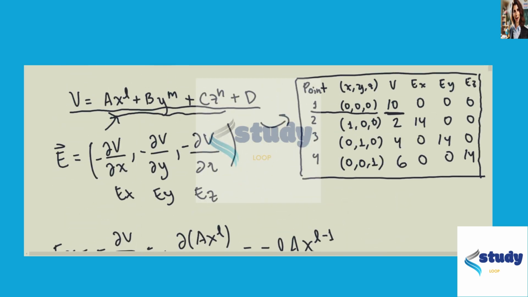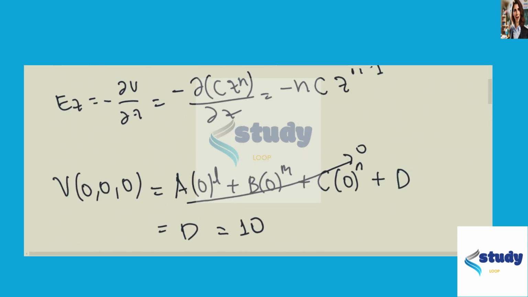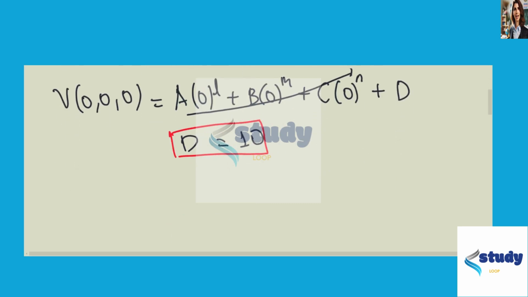We can see it in the table. So D is equal to 10. We have obtained the first constant.